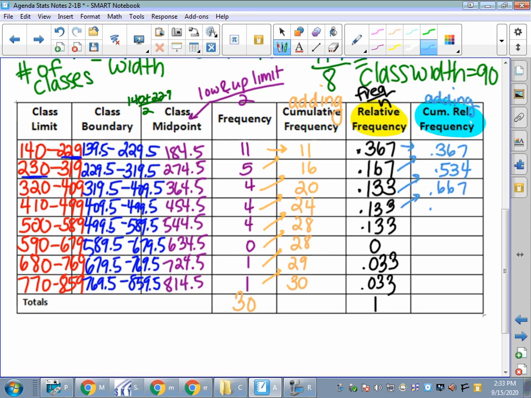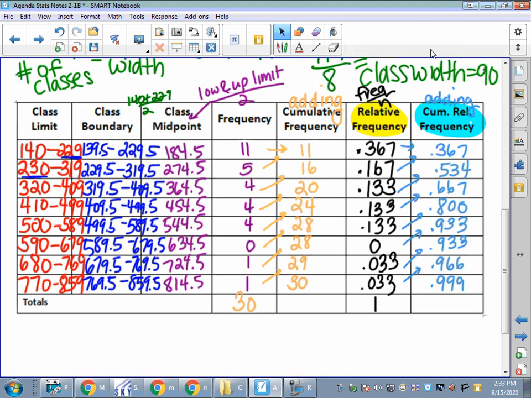I should get something super nice with that one. Like a 0.800 or a 0.8. Add that one on there, 0.933. I'm holding steady with a 0.933. Add that one on there, I've got a 0.966. Add that one on there, I've got a 0.999. So again, due to rounding, I'm at 0.999. That's about as close to 100% or 1 as I could get if I'm rounding things.